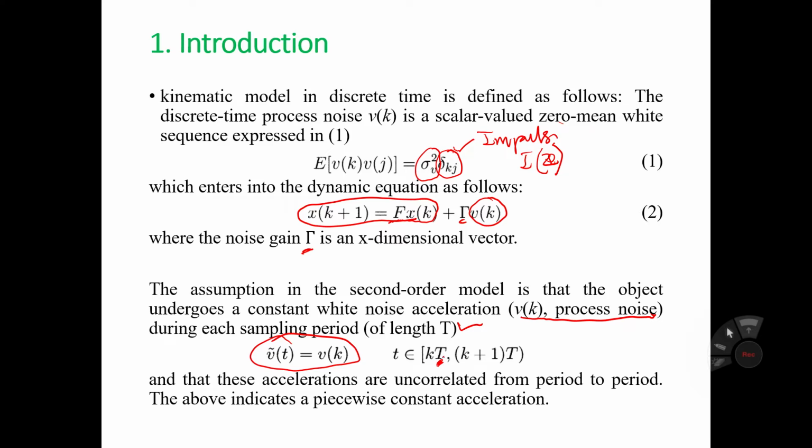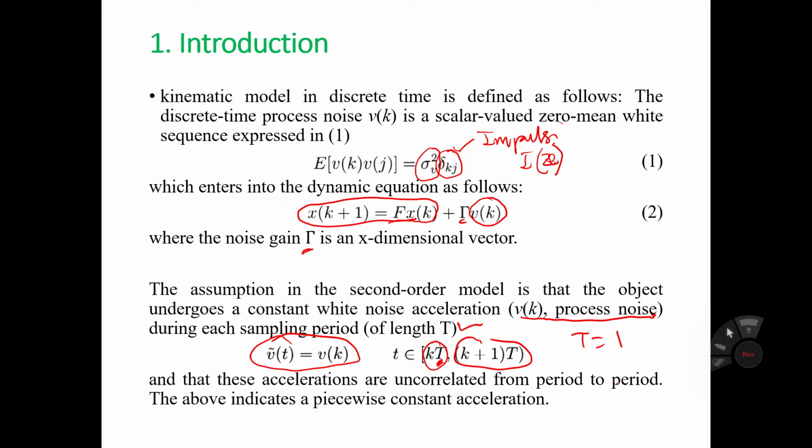For example, if T equals 1, then the scans have a sampling difference of 1 second, and t belongs to the interval of kT and (k plus 1) times T. And these oscillations are uncorrelated from period to period.